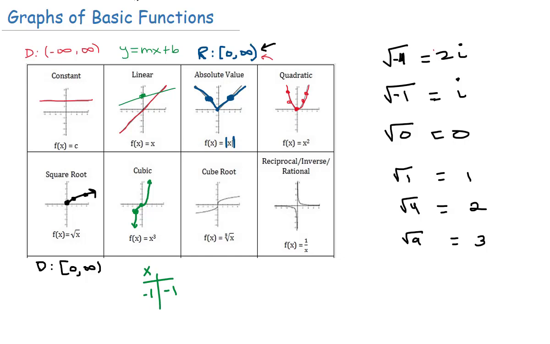Negative x gives us a negative y, and then +1 gives you 1, because 1 cubed is 1. And then let's just do another one. 2 to the 3rd power is 8, 2 cubed is 8, so it shoots up really fast and down really fast in those directions. So that's the cubic function.